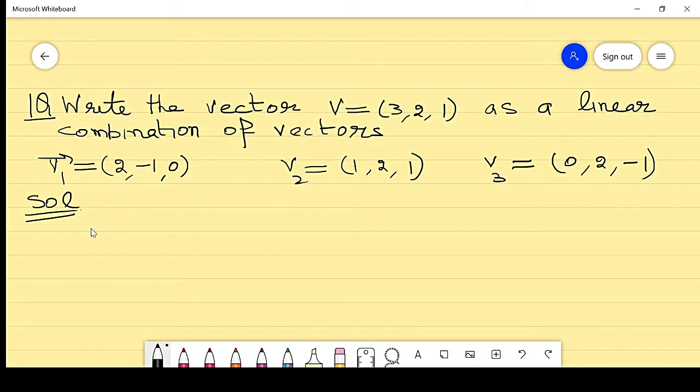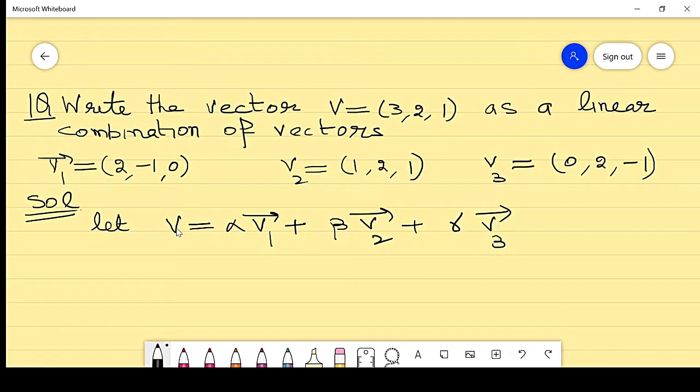So consider, let this vector v be equal to alpha v1 plus beta v2 plus gamma v3, where alpha, beta, gamma are scalars.